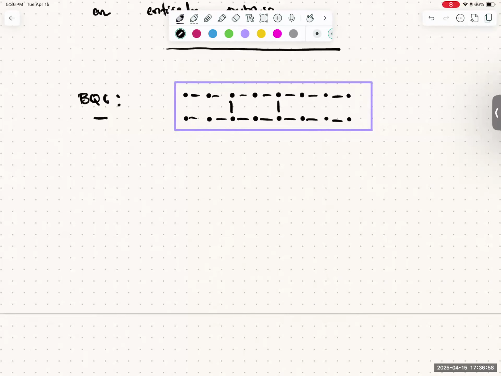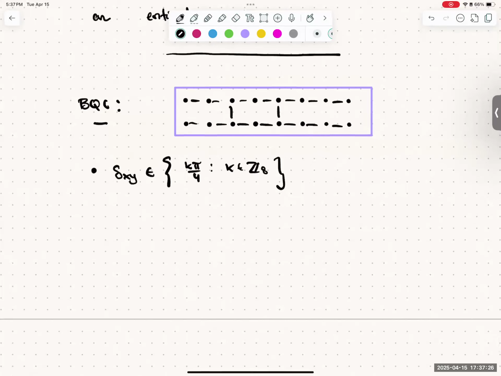So how did that work? You had these angles, delta xy, where xy labels the qubits in this node. By the way, the lines represent entanglement. So you had this delta xy, which was chosen from a set of 8 possible angles, k pi over 4, k in Z mod 8. So how did it work?